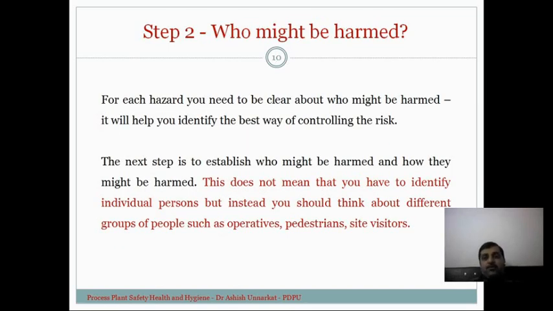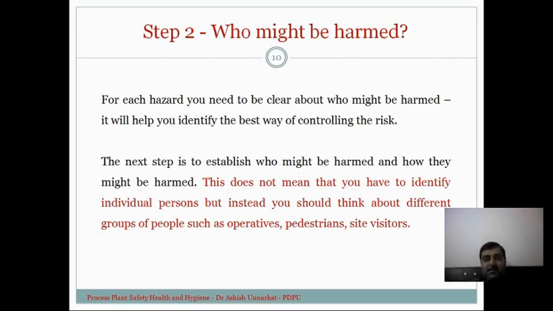Step 2 is who might be harmed. This does not mean that you have to identify an individual person, but rather a collective group of people, like the operator will be harmed, or a person who is working as contract labor in that area will be harmed, or any site visitors may be harmed, or the complete plant operation as a whole can be harmed.